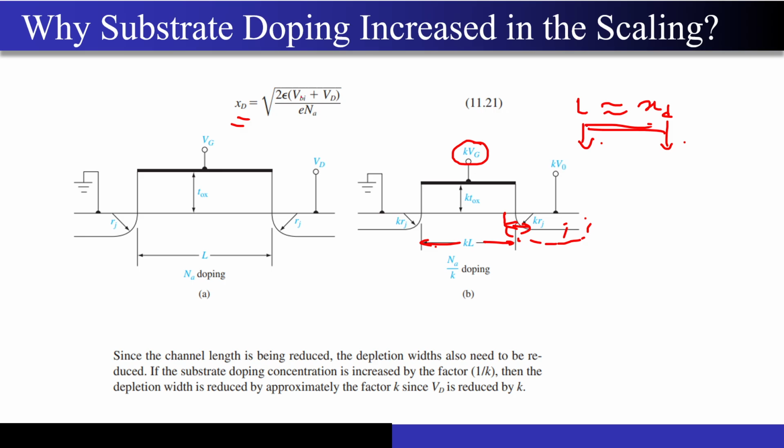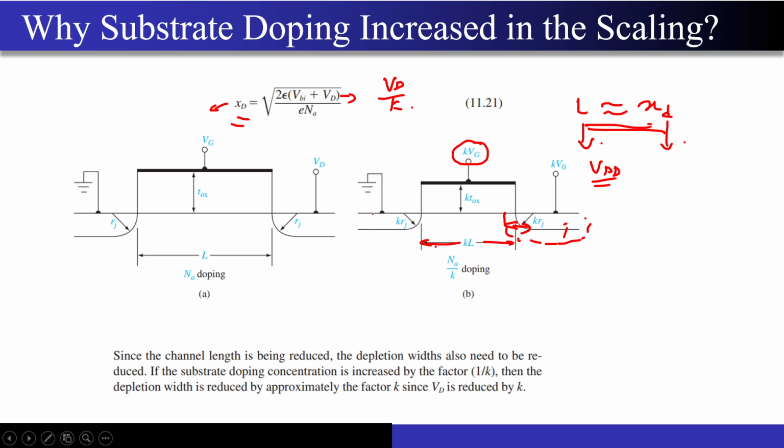Now, if I want to scale this down, the VD, that means the drain voltage that I am applying over here, let's say a VDD voltage, any voltage maybe, is also going to get scaled by the factor K.